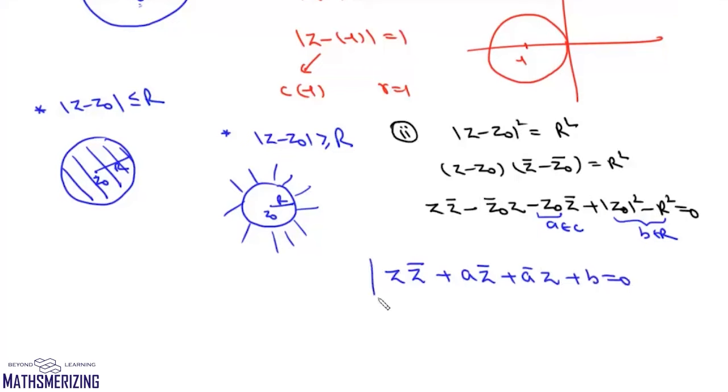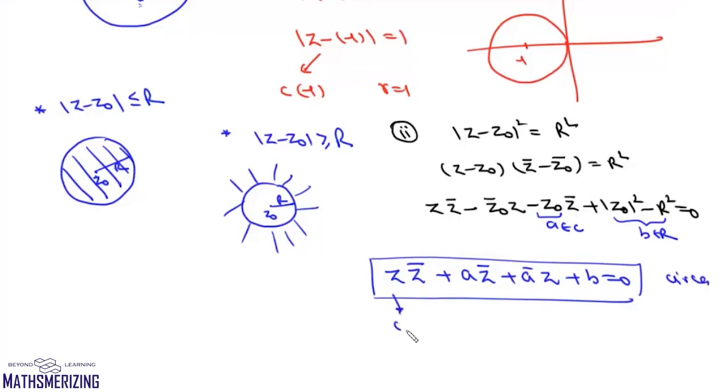So if in complex numbers we have this equation, then it will represent a circle whose center is at z naught, which is minus a. So the center of this circle will be at minus a, and its radius will be under root of mod of z naught square minus b, or we can write its radius as under root of mod of a square minus b.